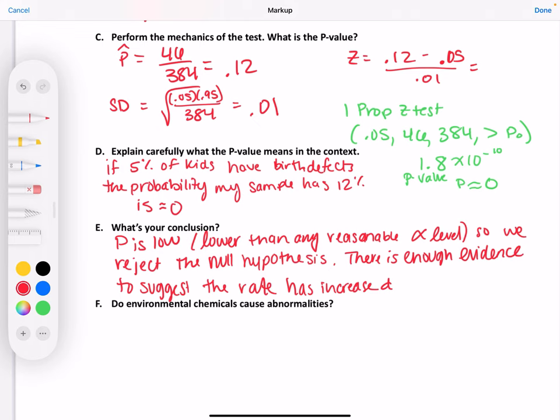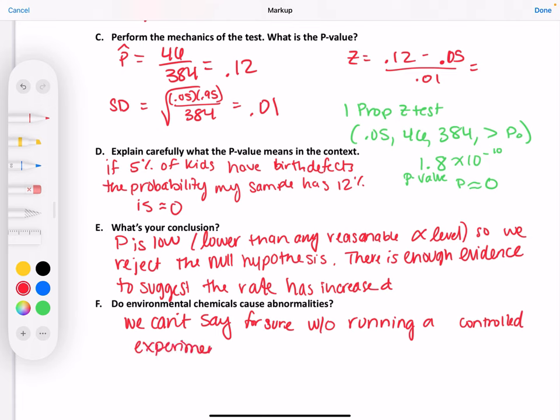No. Okay, so we can't say for sure, just based on what we have, without running a controlled experiment, but we could say that it is possible.